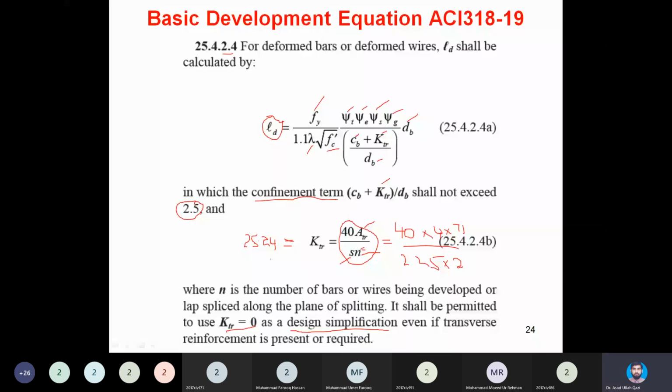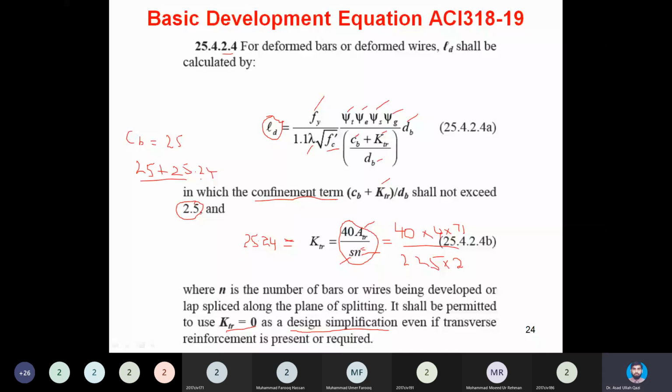Furthermore, I have selected CB, the governing cover parameter, least out of 2, and I selected 25, assuming net center to center distance is 50. So now I can calculate this confinement term as 25 plus 25.24 divided by dia of bar, which I'm assuming is again 25.